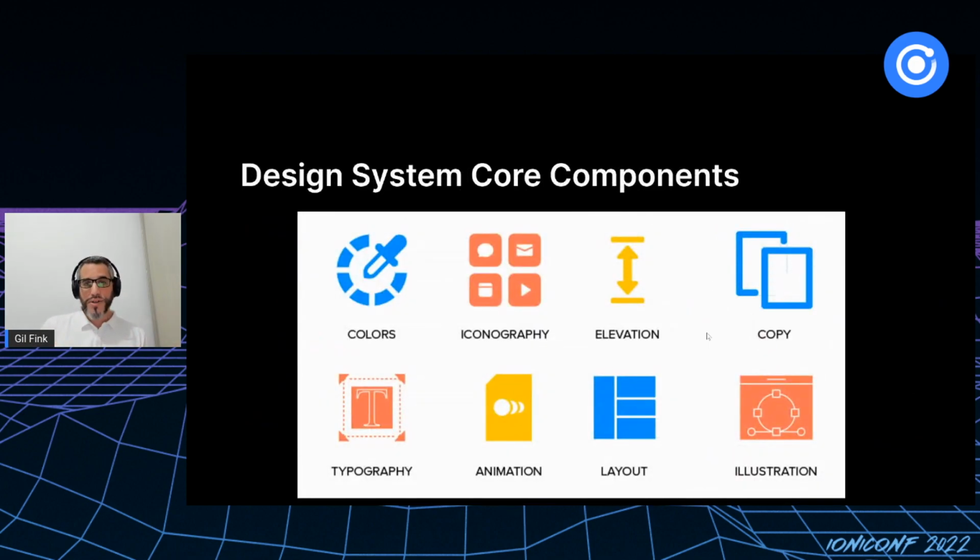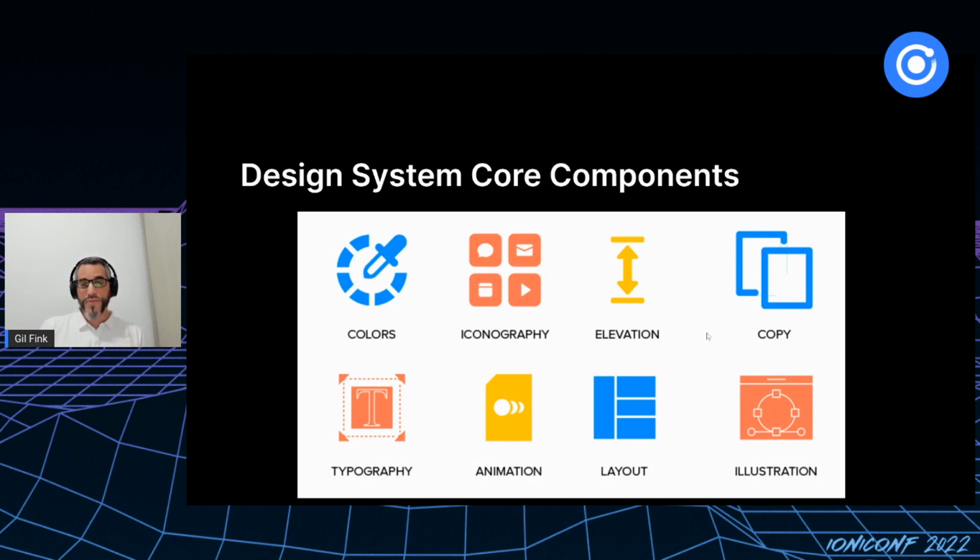So the parts of a design system, or the core components of a design system, you can see in the slide. These are the different colors that distinguish your brand from other brands, like, for example, the logo of Chrome that has the colors that are part of the Material UI design system that Google created.